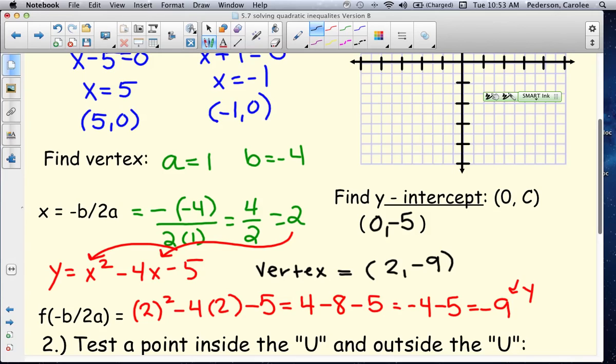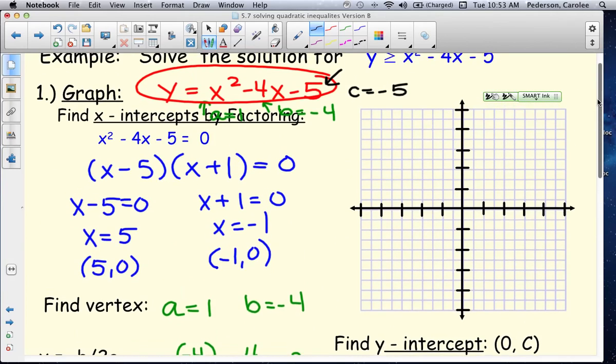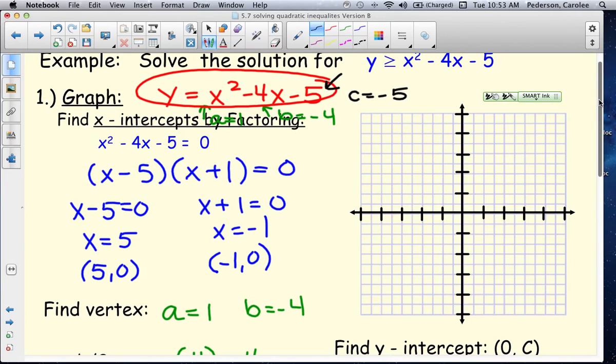Now let's go ahead and graph this parabola in standard form. So let's graph the blue intercepts first, those x-intercepts. So my x-intercepts were at -1 and 5. So I have an x-intercept at 5. So 1, 2, 3, 4, 5. Actually, I'm going to run out of room. Make this 1, 2, 3, 4, 5.